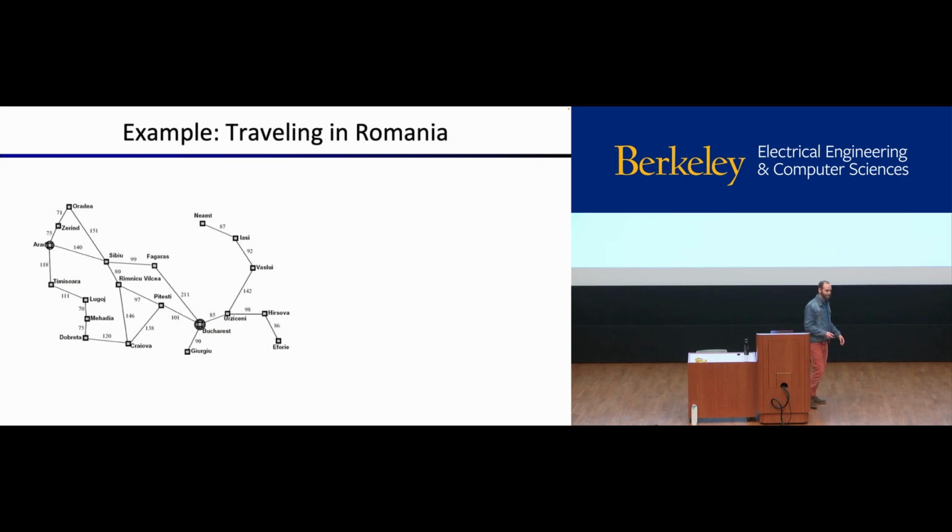Okay, so here's an example of a very simplified model of a part of the world. This is a roadmap of Romania. And we are starting in Arad, and we are trying to get to Bucharest.